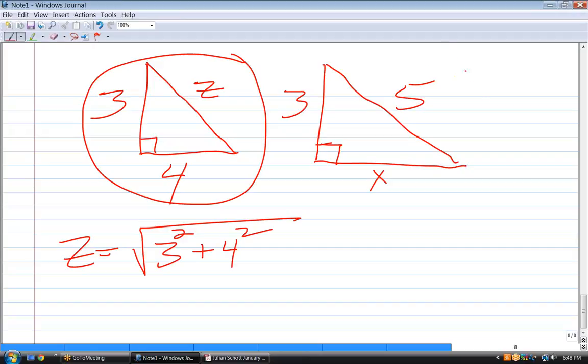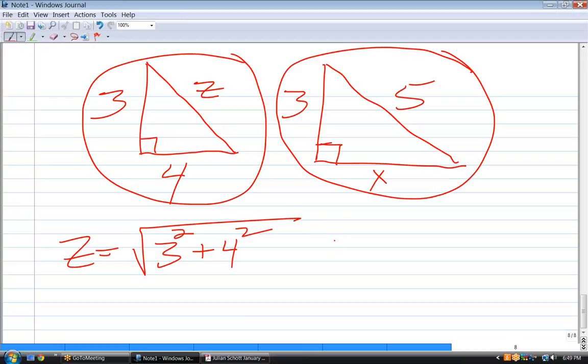If I am solving for one of the short sides, regardless of which one it is, it's the square root. Notice that everything starts with the square root of. Only in this case, it starts with the hypotenuse squared minus the other side squared.